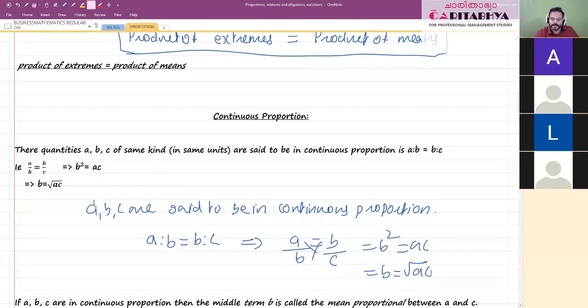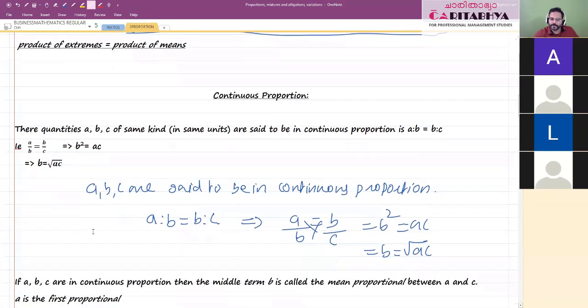So A, B, C are said to be in continuous proportion if A is to B equal to B is to C. That implies B square equal to AC or B is equal to root of AC.